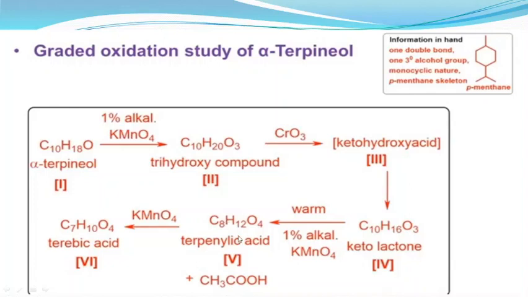Finally, terpenylic acid on further oxidation with KMnO4 forms terebic acid with molecular formula C7H10O4, one carbon atom less than terpenylic acid. On this flow chart, the most important thing is the ketolactone.